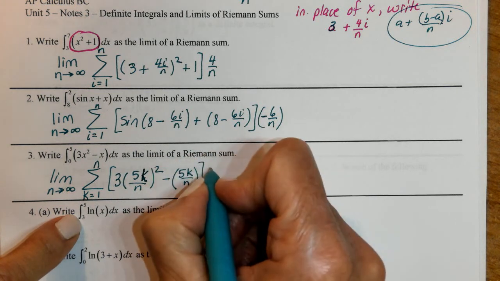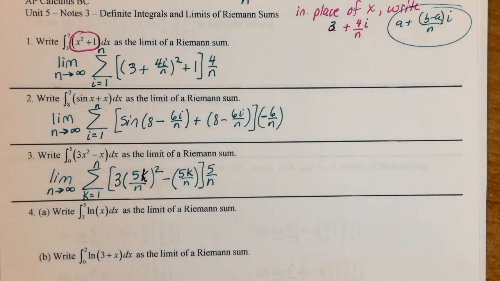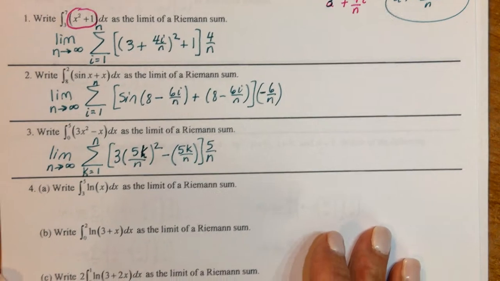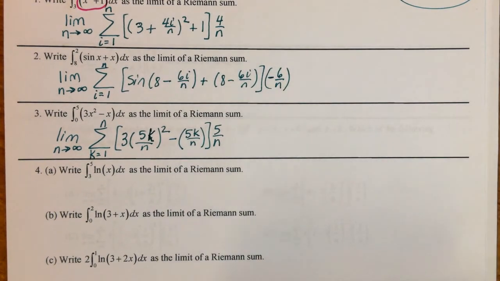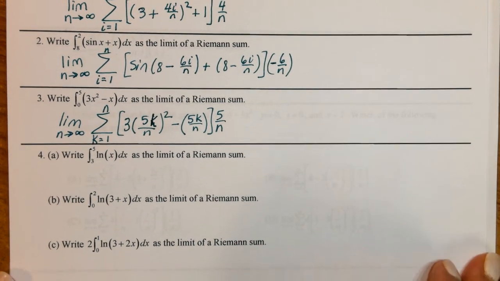Delta x is going to be just 5 over n. No k in delta x, because there's no need to count that. So that's it. You can use i, k, and j for those. AP does. I've seen AP use i and k a lot. All right.